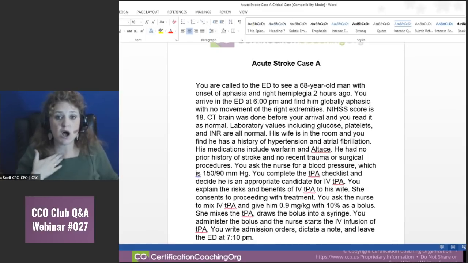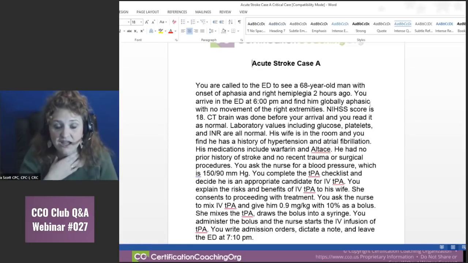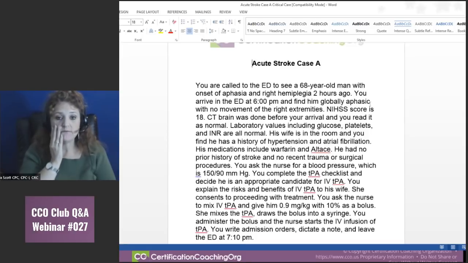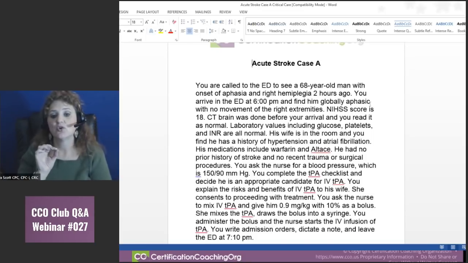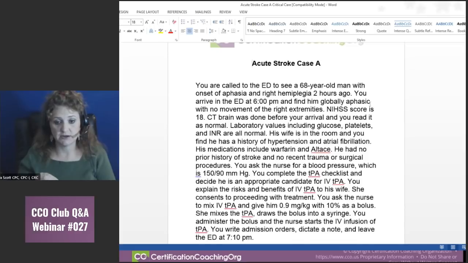You can't swallow properly, so you're a choking hazard, just swallowing your own saliva. You would have major drooping in the face, right? And a person that has this is going to have cognitive disabilities.